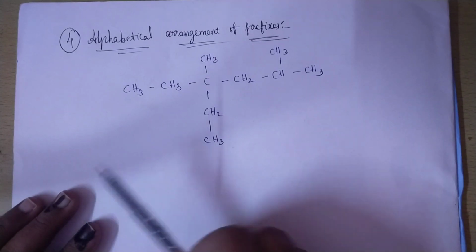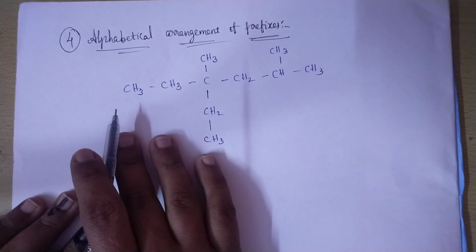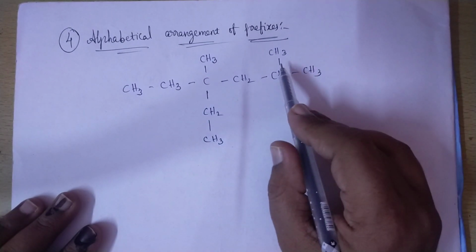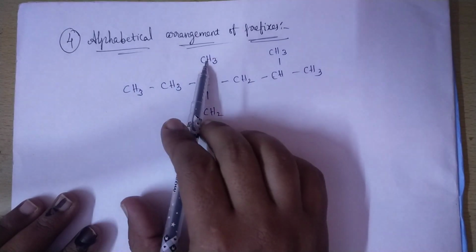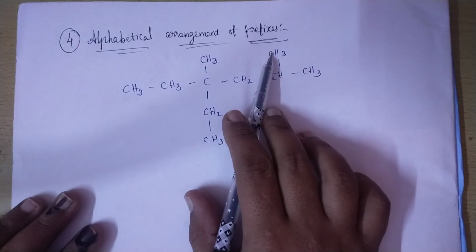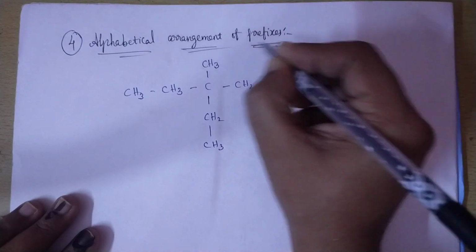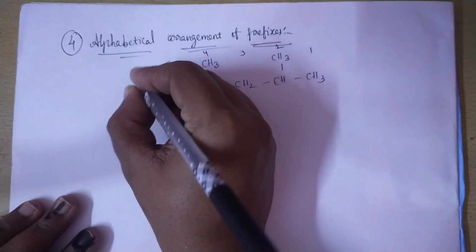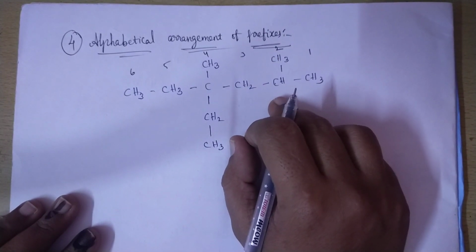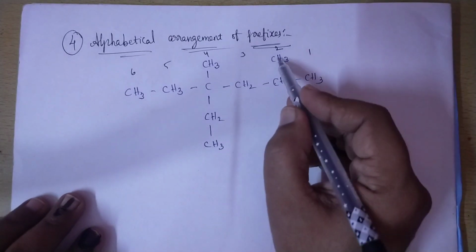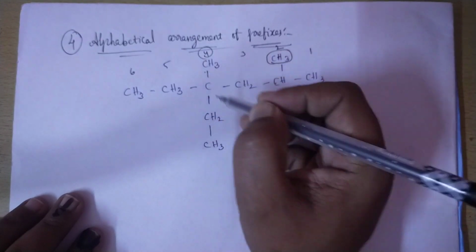First we should give the names to this. According to the rule, we have to give the lowest number to the alkyl group. If we come from here, 1 2 3, it gets the third place, here the second place. So we should give preference to this side, 1 2 3 4 5 6, since this got the lowest number. At 2 and 4, if you observe, CH3 is the alkyl group, and in the fourth place also CH3.